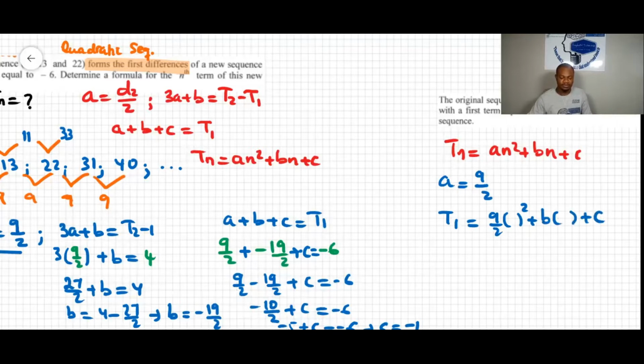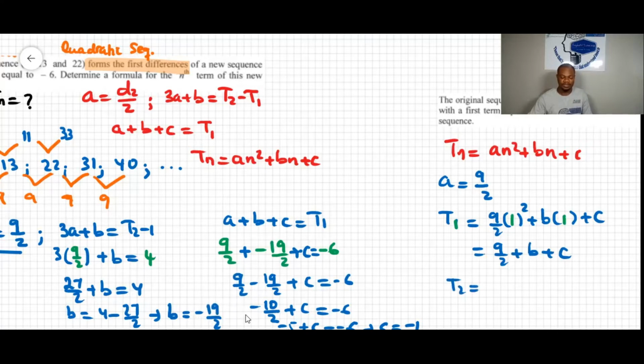Because it's T1, we sub the value of 1 for n, and then T1 will be 9 over 2 plus b plus c. That's T1. What about T2 then?